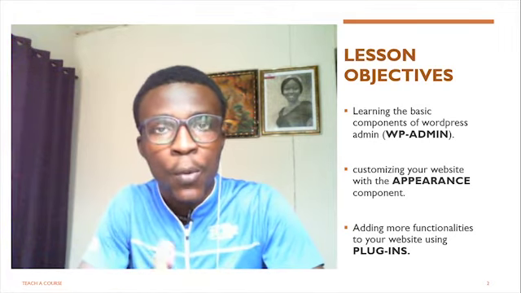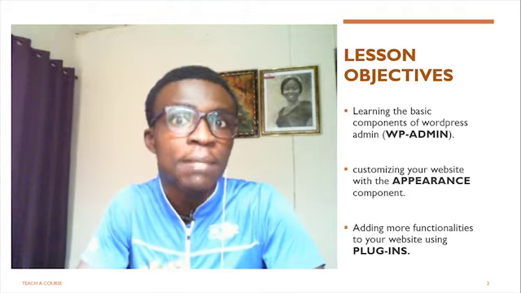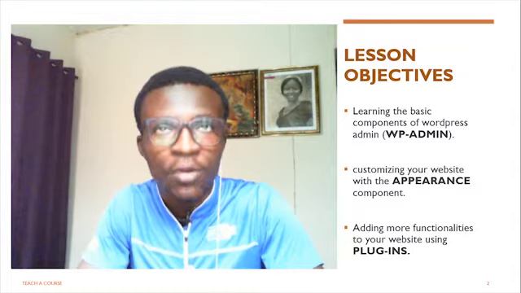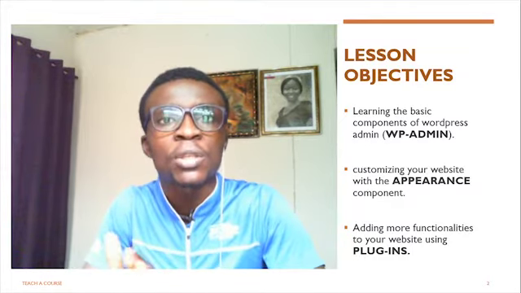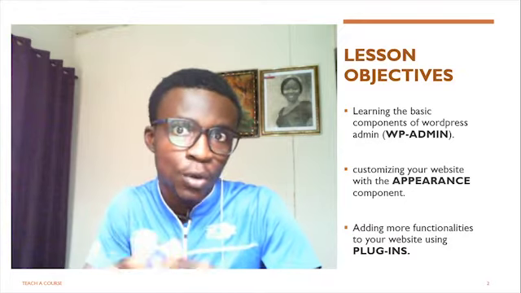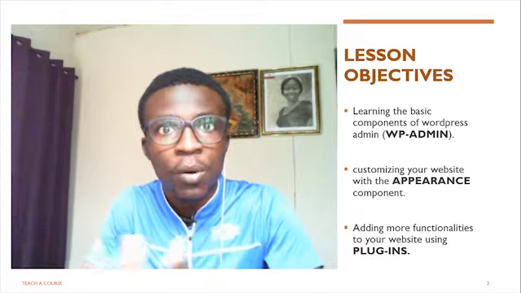Basically, we're going to see how to use the basic components of the WordPress admin, normally called WP admin. We're going to go into detail in a second. Secondly, we're going to see how we can customize our WordPress using the Appearance component. It's a menu, so we're going to see all of it.